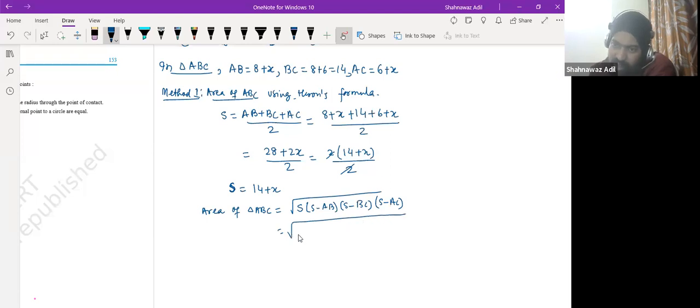This would be 14 plus X, and 14 plus X minus AB, which is 8 plus X, and 14 plus X minus BC, which is 14, and 14 plus X minus 6 plus X.